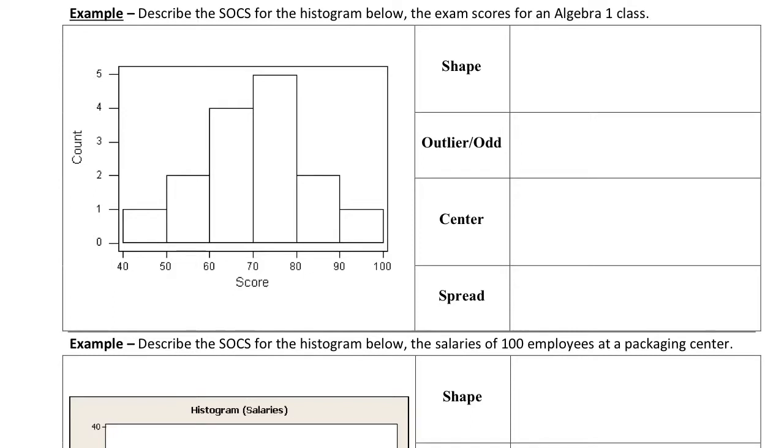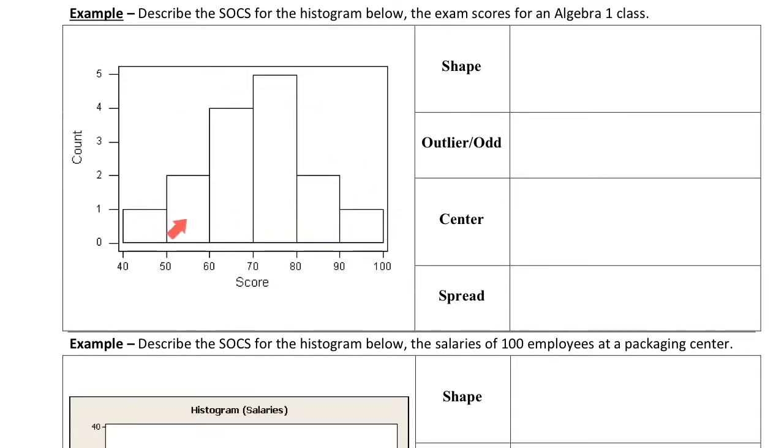So for this first graph, when I'm looking at it, I would just notice the general shape of it. Look for skew, or look for symmetry, or look for uniformity. Well, this is definitely not uniform. It's not flat across the top. It's not skewed. It doesn't go more one direction than the other. But I would say that this is roughly symmetric.